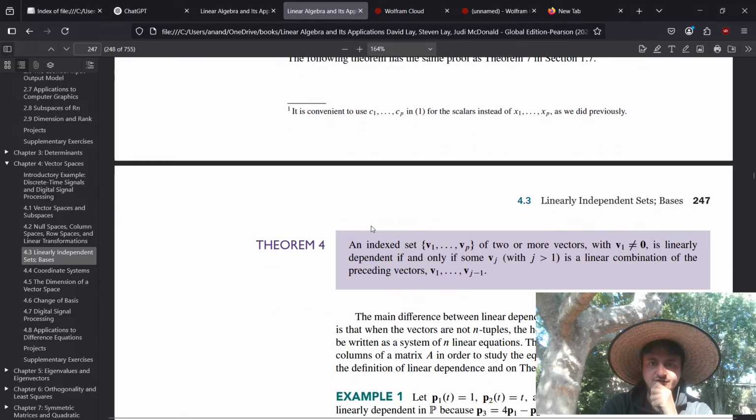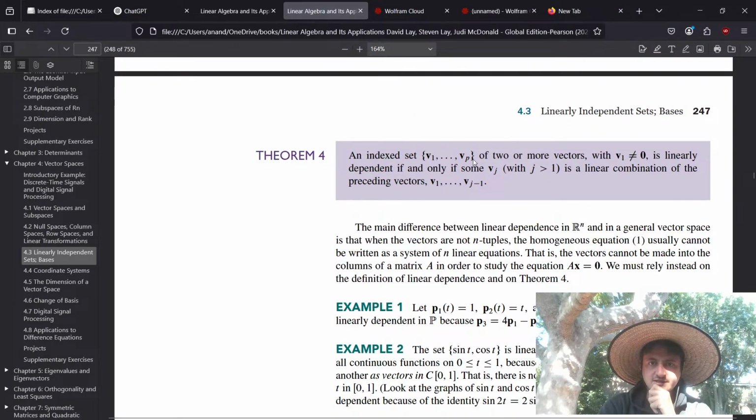Okay. All right. So Theorem 4 says an indexed set of two or more vectors with v1 not equal to 0 is linearly dependent if and only if some vj, with j greater than 1, is a linear combination of the preceding vectors.